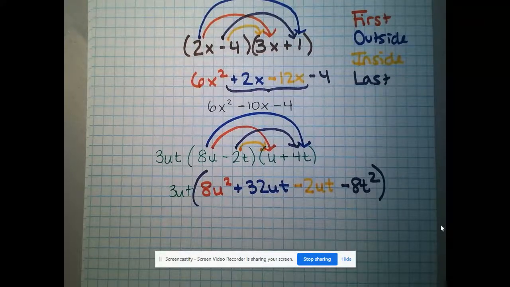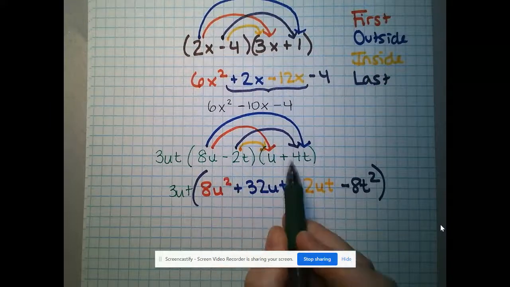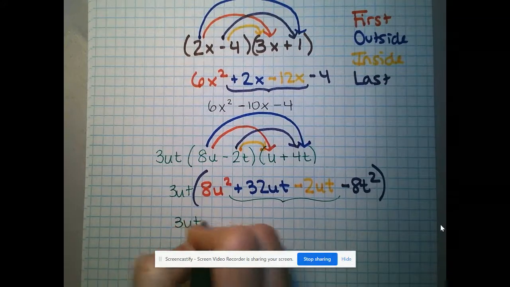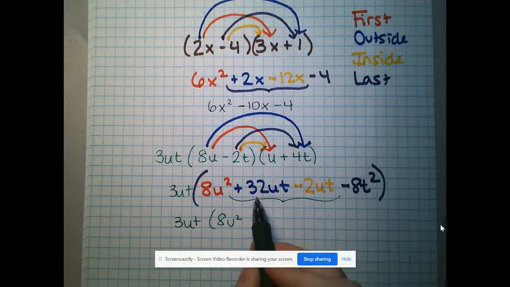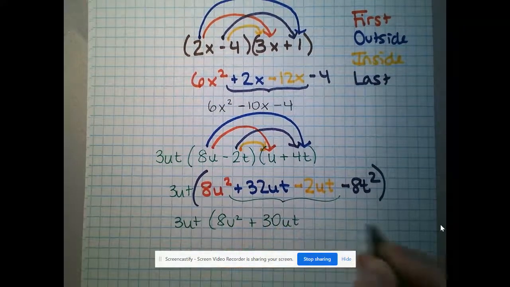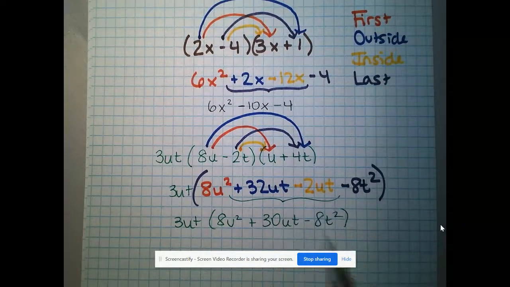You see if you can simplify, and you've got matching variables in the middle terms. One's got a minus, one's got a plus, but they can simplify. So you have 3ut times 8u squared, then 32ut take away 2ut is 30ut, and then minus 8t squared. All I did in that step was combine the middle terms.